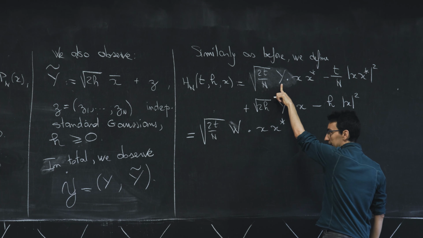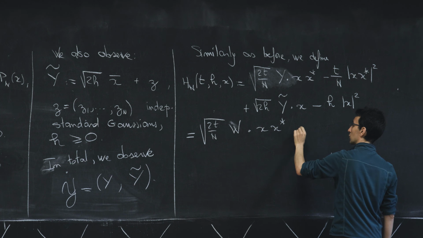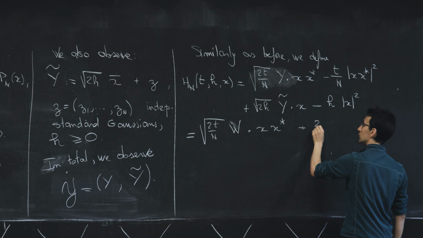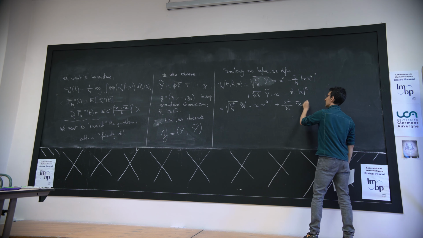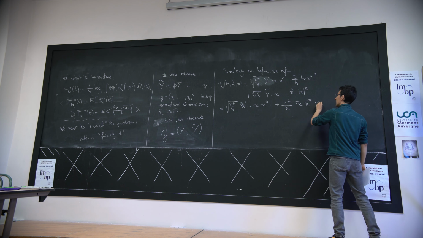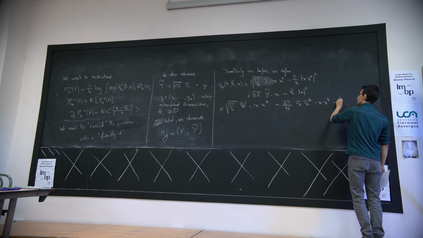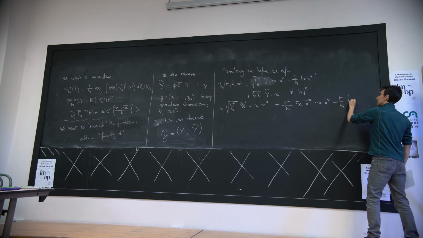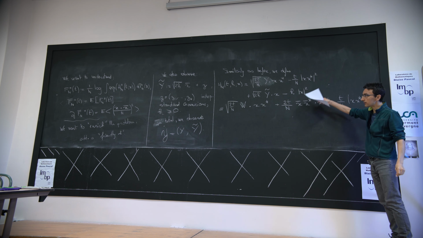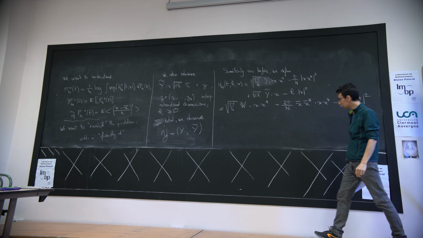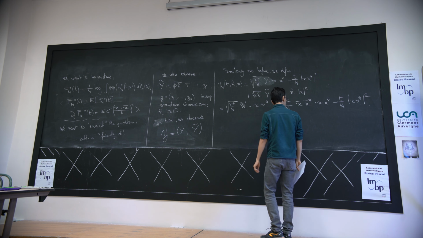Then inside here there's an x bar. So we get plus 2t over n x bar transpose dot xx transpose minus t over n xx transpose squared. So that's the first line written in its full extension.